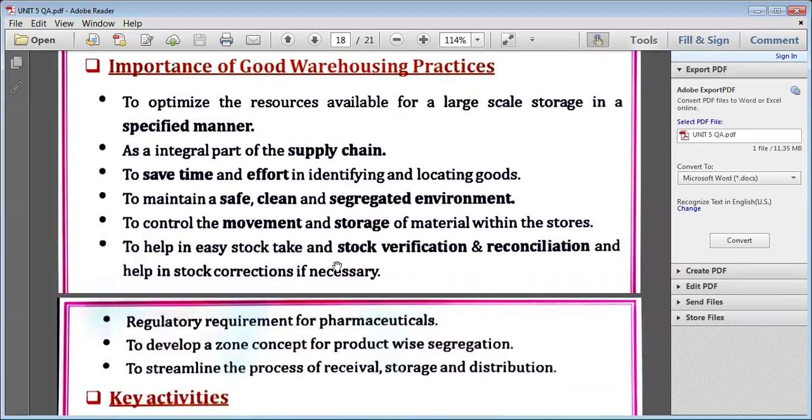One is to optimize the resources available for a large scale in a specified manner, and as an integral part of the supply chain, to save time and effort in identifying and locating the goods, to maintain a safe, clean, and segregated environment, to control the movement and storage of materials within the stores, to help in easy stock take and stock verification and reconciliation, and help in stock corrections if necessary.